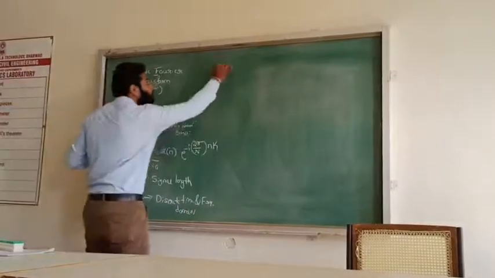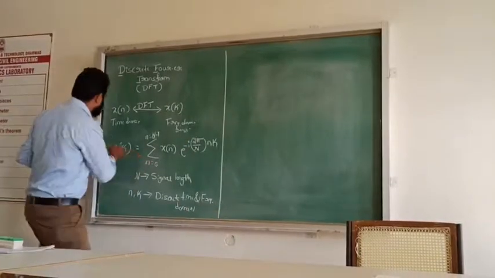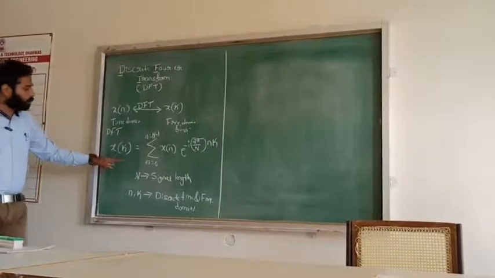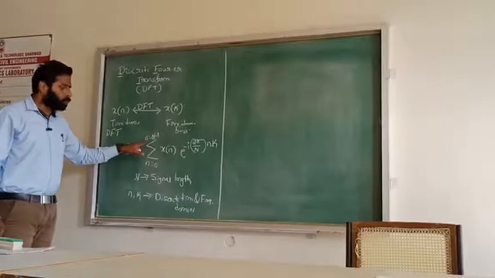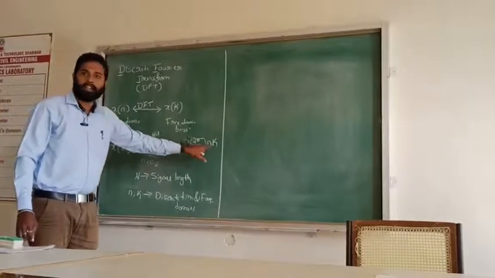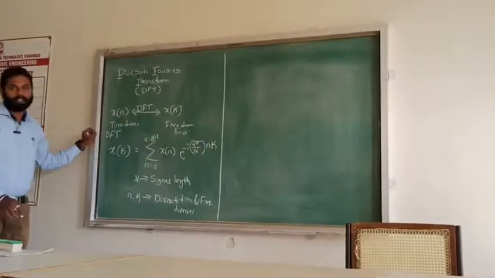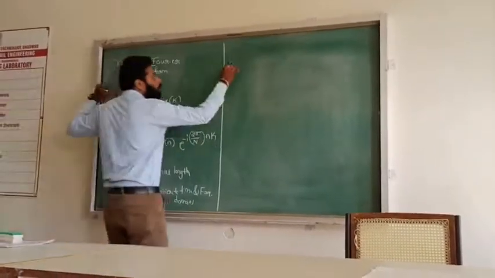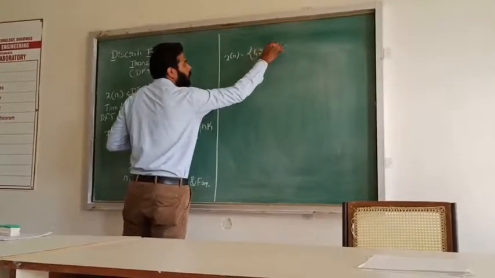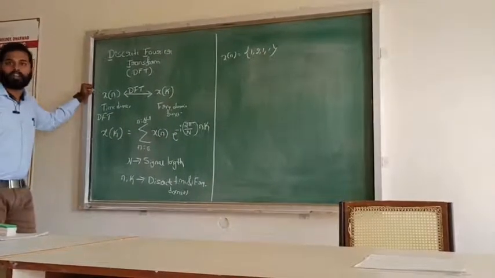And this is DFT. That is x of k is equal to summation n is equal to 0 to N minus 1 x of n e raised to minus I 2 pi by N into n into k. Suppose the given function is in the form of x of n, for example x of n is given as 1, 2, 1 and 1, and we are asked to find the Fourier transform.